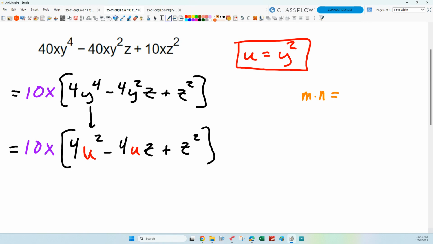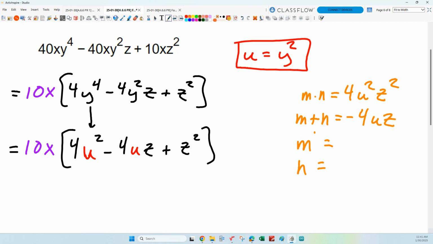For u squared, z squared, everybody agree the product of the outer terms? What would my magic numbers, my magic terms, I should say now, have to add to? Yeah, negative 4uz. So what would they be?